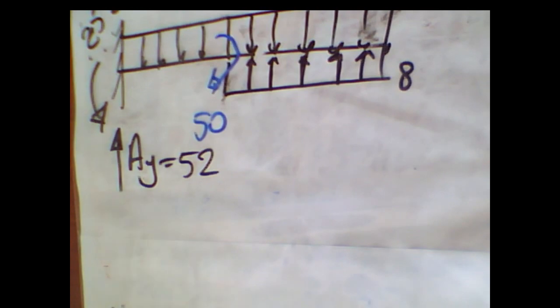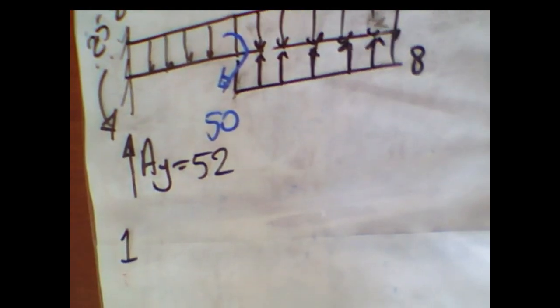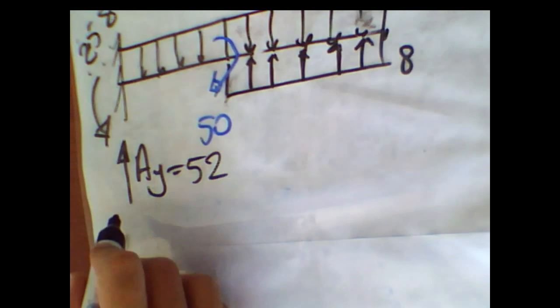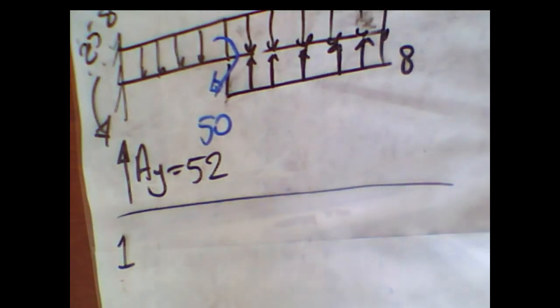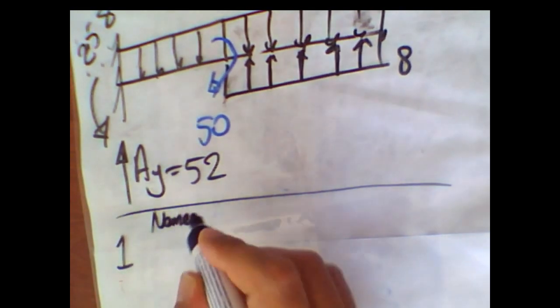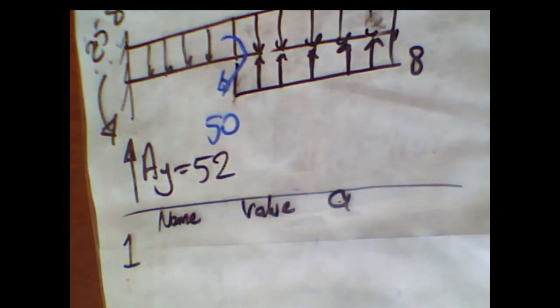Okay. First one is the moment. I don't want to go back to the table, you can check with the tables. I just write the name, value and location terms.